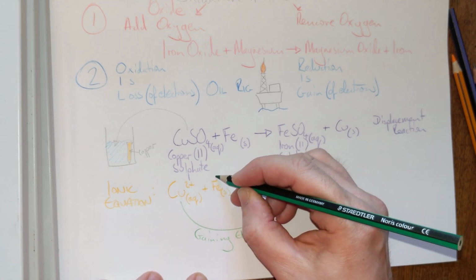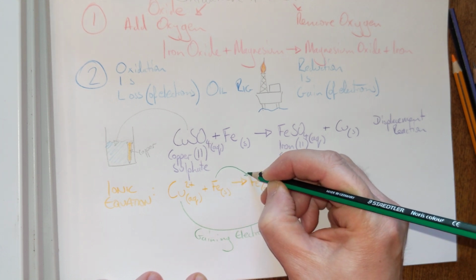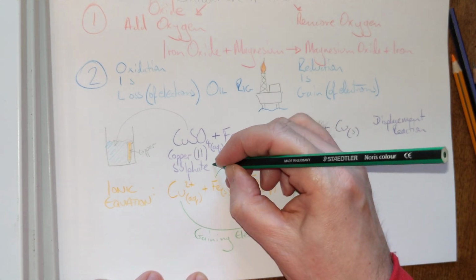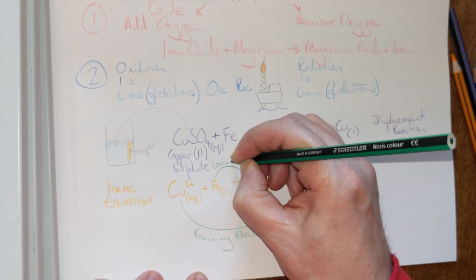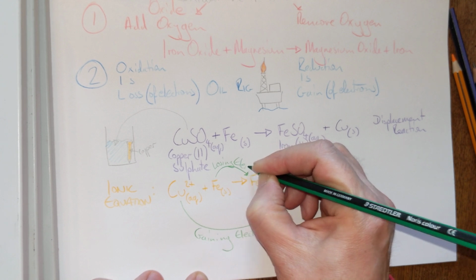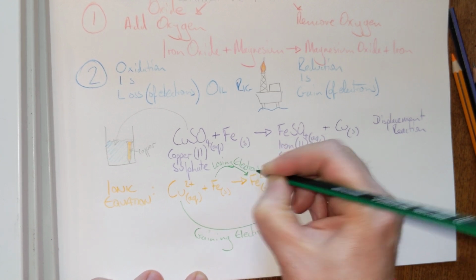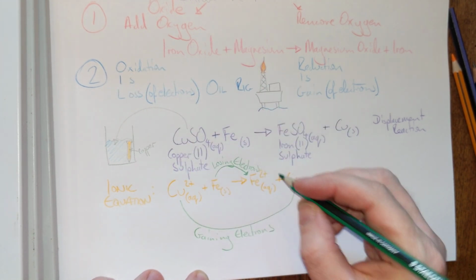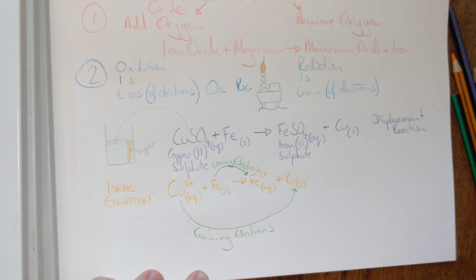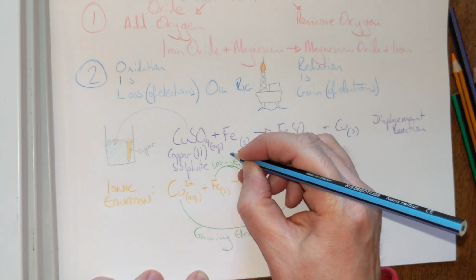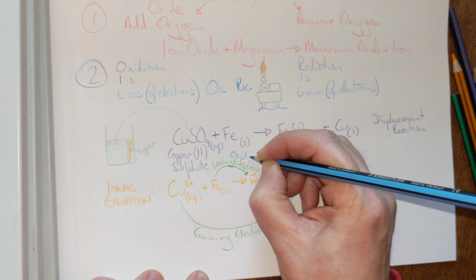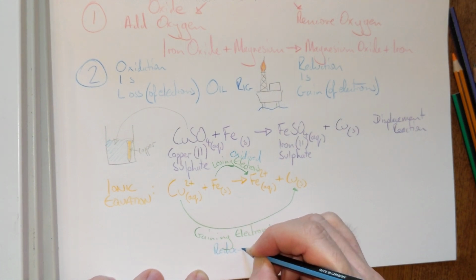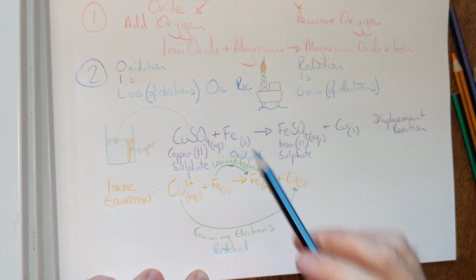Here, the iron is going from 0 to +2. So that one must be losing electrons. So if it's losing electrons, then it's being oxidized. If it's gaining electrons, it's being reduced. So the iron is oxidized and the copper is reduced. And we remember that because of oil rig.